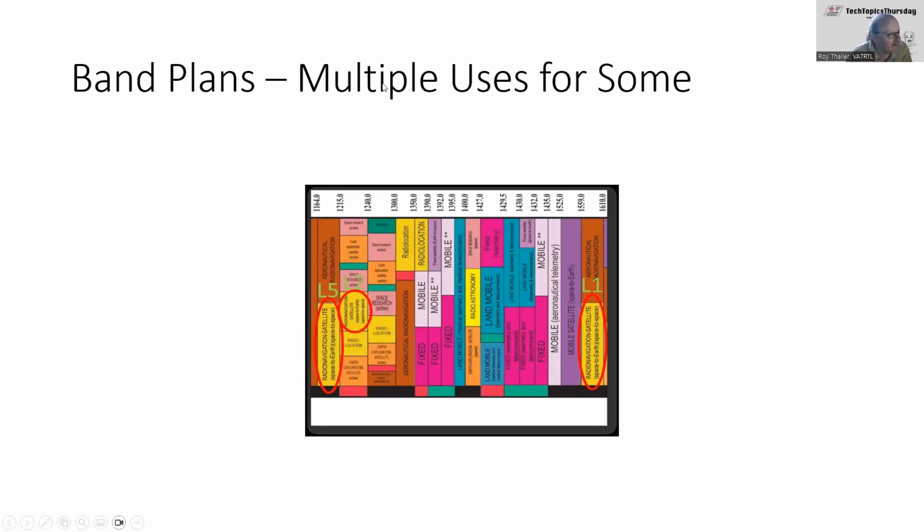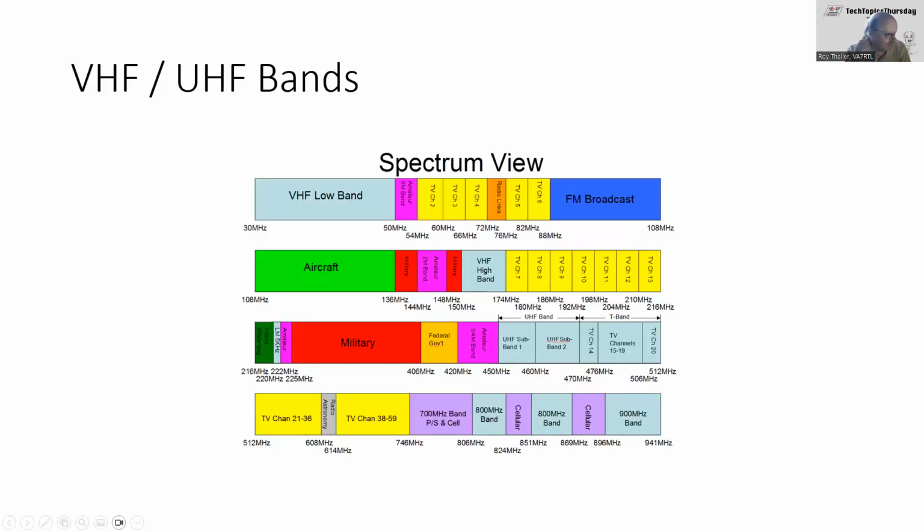So then you have a band plan, and then you can break the band plan down even further. And this goes from 30 megahertz up to 941 megahertz. You see that this is typically your TV channels and your FM broadcast. And then you have this section for aircraft. And then you have military, and you have your VHF high band.